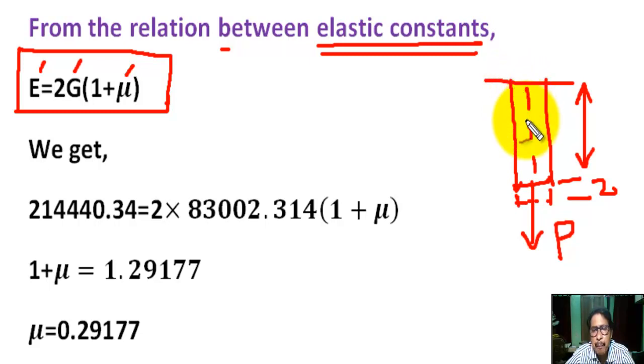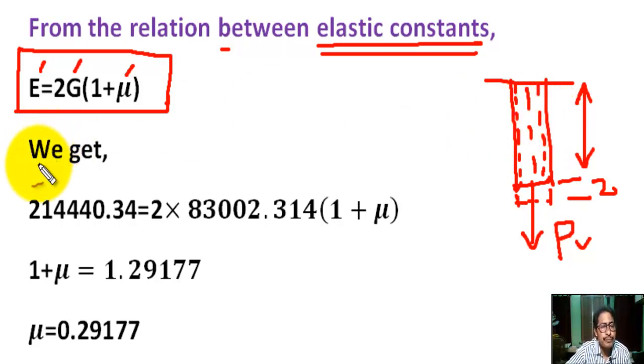Lateral strain means by the application of tensile force, diameter changes. This is the reduced diameter. Lateral strain means decrease in diameter by original diameter.